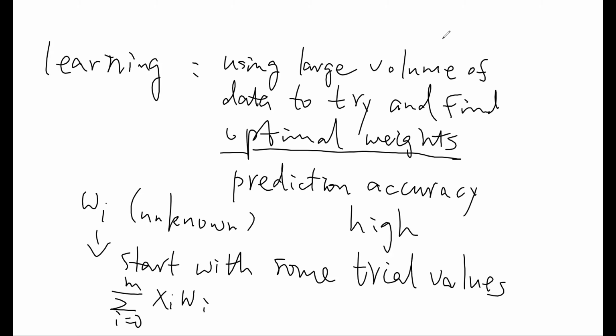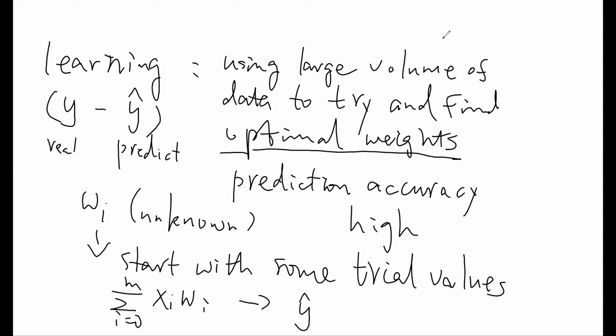Then we can find the real value minus the predicted one, and times xi, that gives the delta wi, and times the learning rate. So this is called the learning rate.